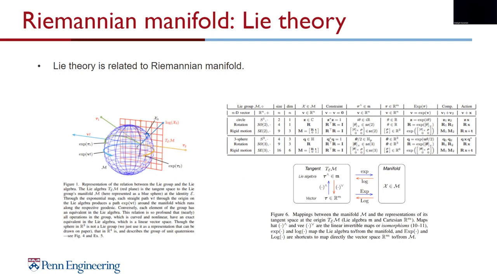So Lie theory has an identity tangent space, and you measure everything from that identity tangent space. But then, is this the same exponential and logarithm that we talked about before in Riemannian manifolds? Actually, no. This is just the tangent space at the identity.